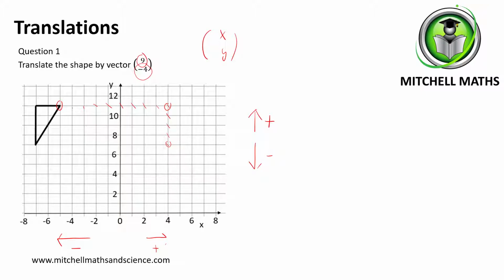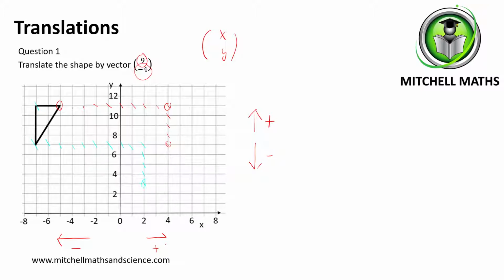And we'll just check with another point. Actually, we'll use this bottom one, it'll be easier. Right, 9 units in the X direction, therefore 1, 2, 3, 4, 5, 6, 7, 8, 9. 4 units in the negative Y direction, 1, 2, 3, 4.